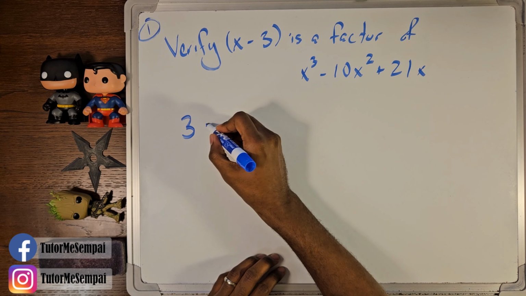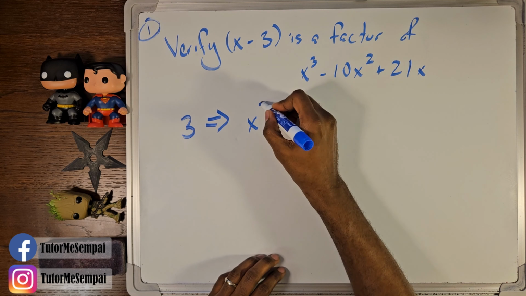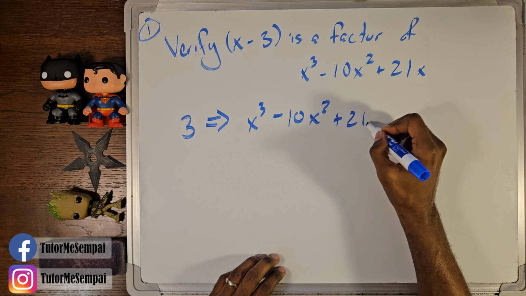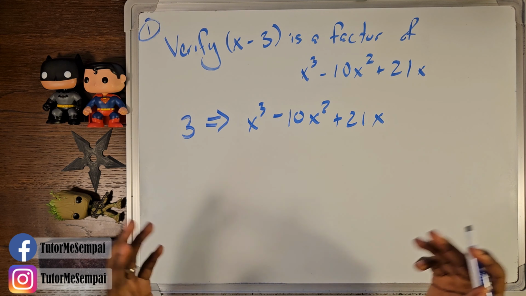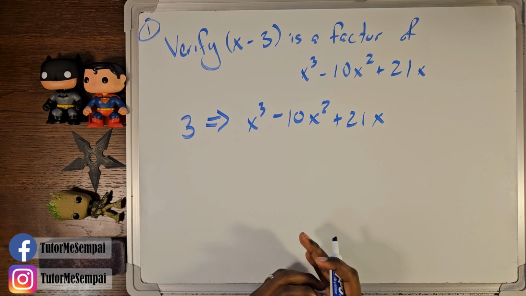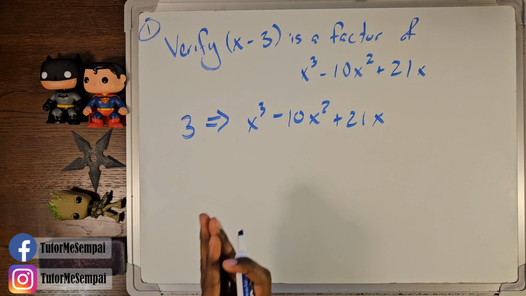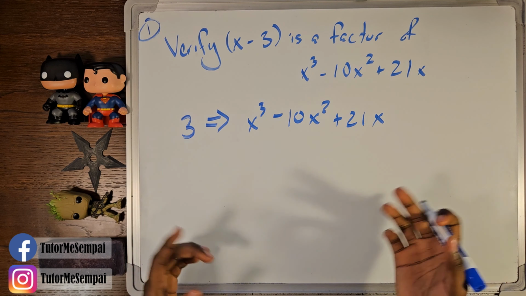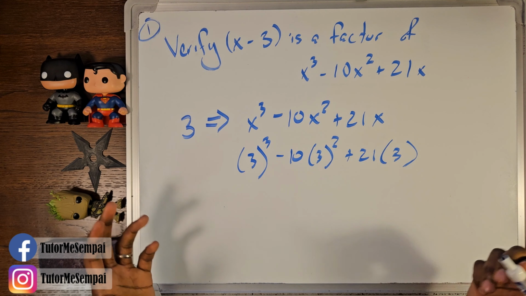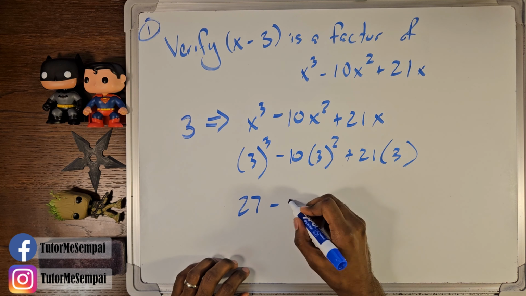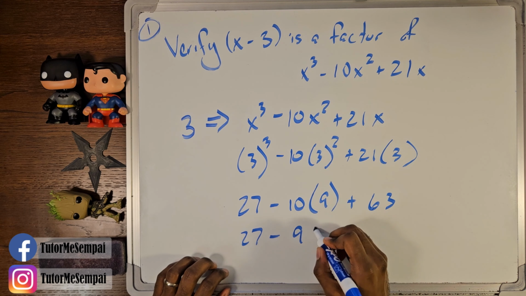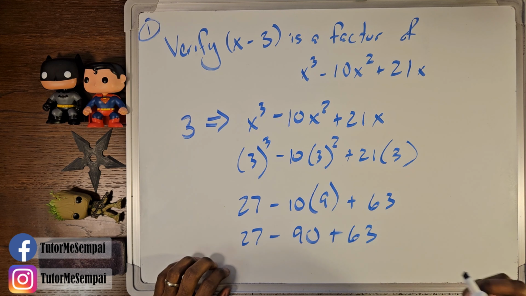3 into x cubed minus 10x squared plus 21x. That's all we have to do. If this goes to 0, x minus 3 is a factor by our factor theorem. So let's do that. And when we simplify this, we're going to get, and of course you have 27 minus your 90 plus 63.